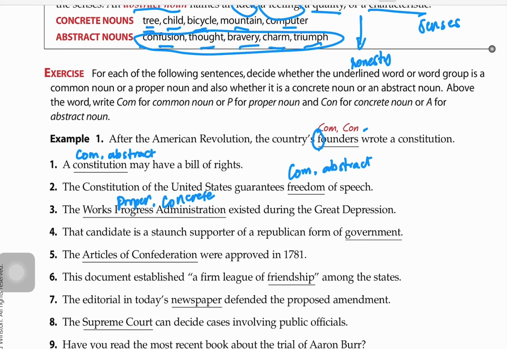Same goes with the Great Depression. This is a proper noun, but this was a particular time that you cannot really hold, but you experience it. So it's abstract. You could do the rest of the exercise on your own.